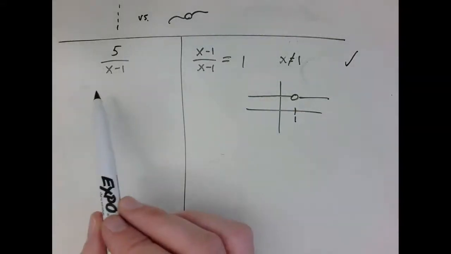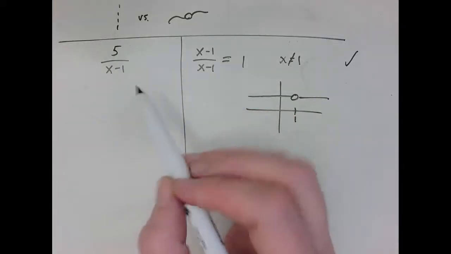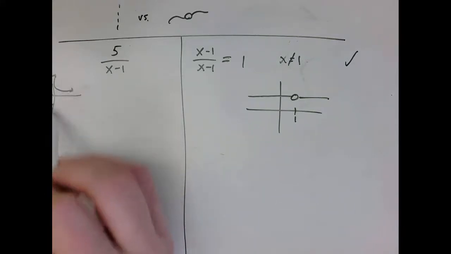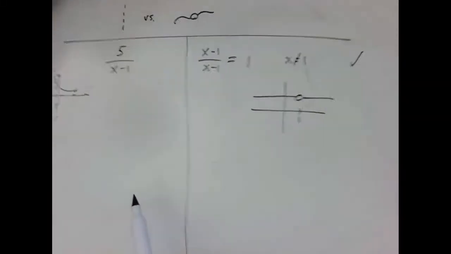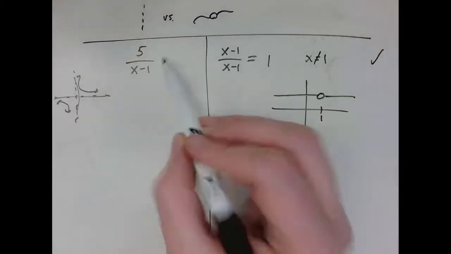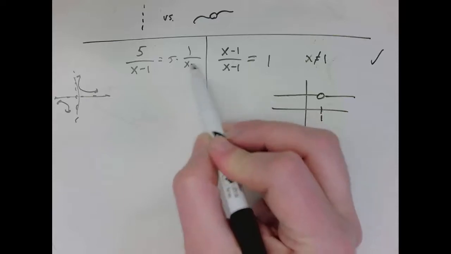Here, you recognize this as a transformation of the reciprocal family, the 1 over x family. So here I've got a 1 over x function that's got two asymptotes, but I've shifted it right by 1, and I've scaled it by 5, because this is equivalent to 5 times 1 over x minus 1.